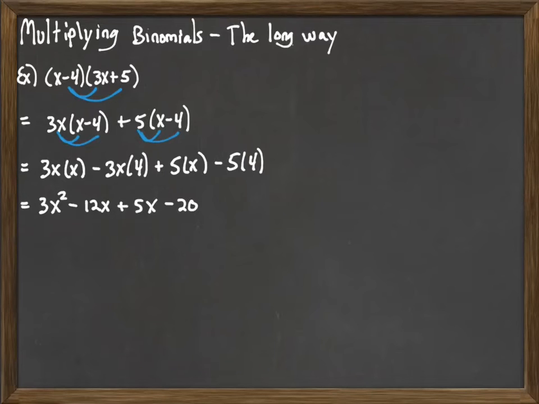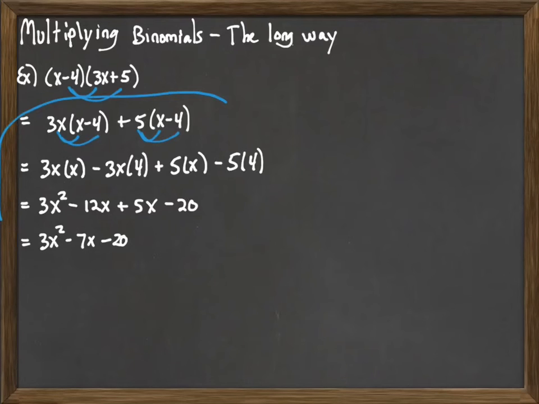So we have a 3x squared, but that's it. But in the middle, we do have the minus 12x and the plus 5x. So we can go ahead and put those together. Minus 12 plus 5 is going to be minus 7x. And then we just have the minus 20 left over. So we put all that together and write down our answer, which is 3x squared minus 7x minus 20.